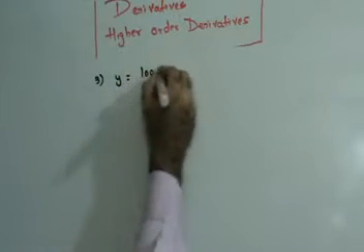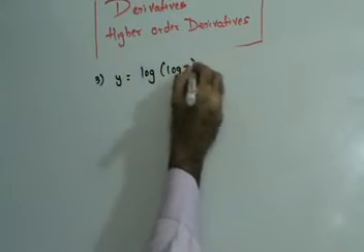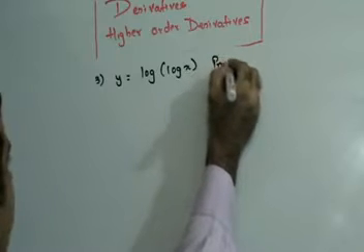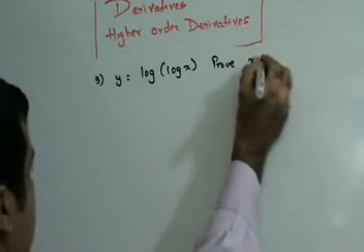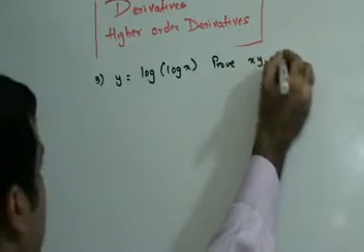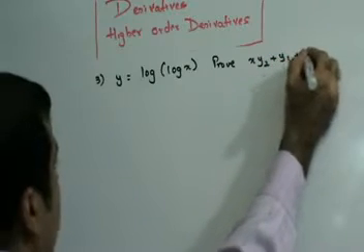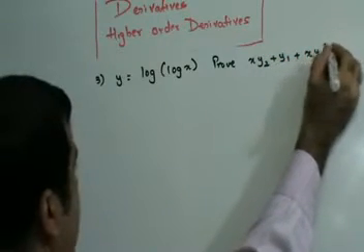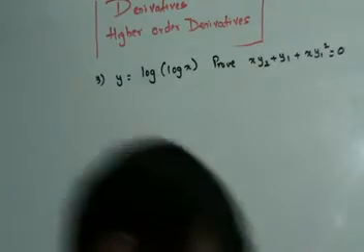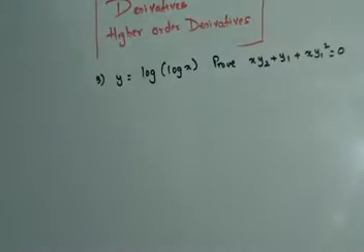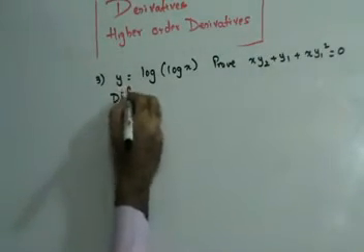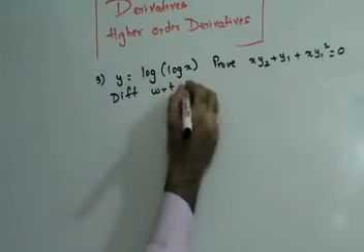y is equal to log(log x). You have to prove that xy₂ + y₁ + x(y₁)² is 0. Let us see the sum, guys. Now I can say straight away, differentiate with respect to x.